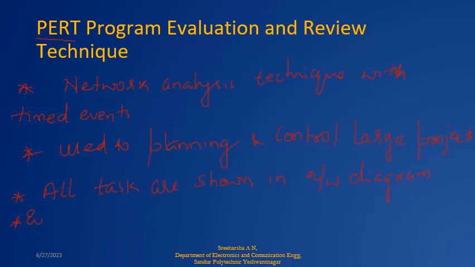So events are shown. Events or activities are shown in a circle. Okay. Events are shown in a circle. And what about the arrow activities? Arrows represent the duration or time consumed by that particular activity.